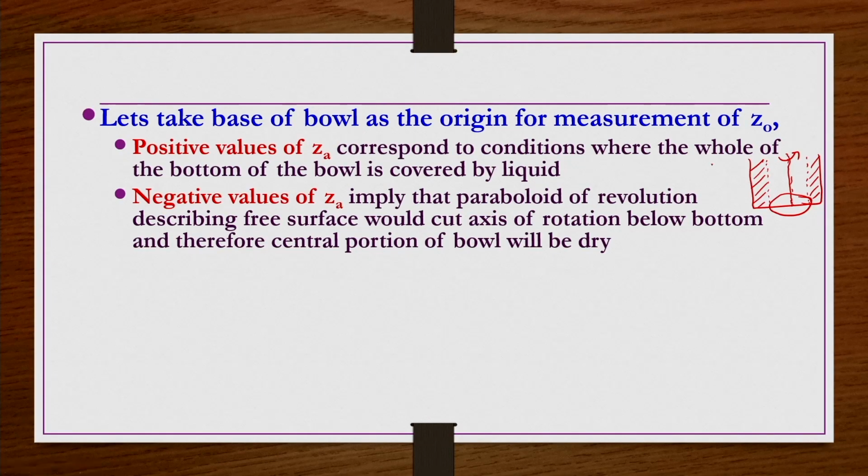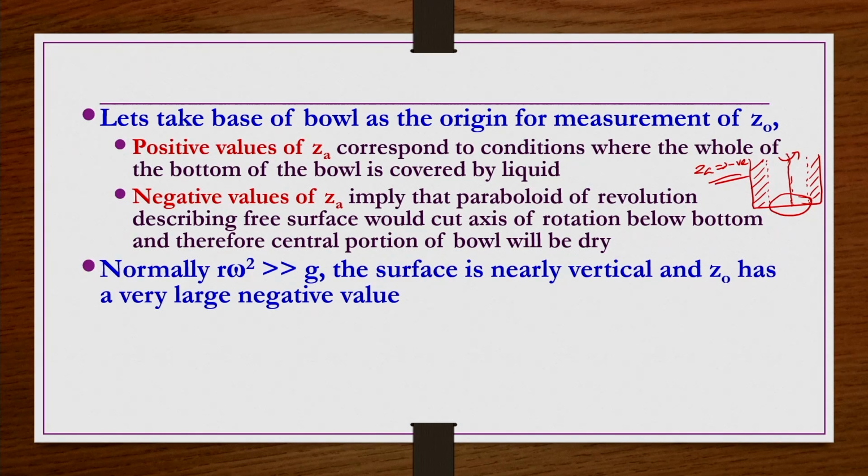So, under such conditions ZA is negative. Negative ZA you can have if the rotational speed is very high, and positive ZA if the rotational speed is low to moderate.